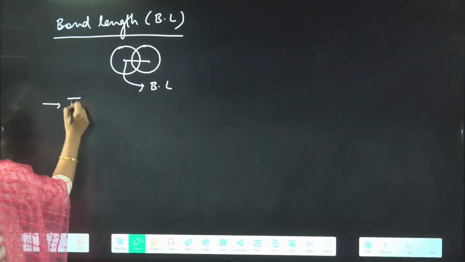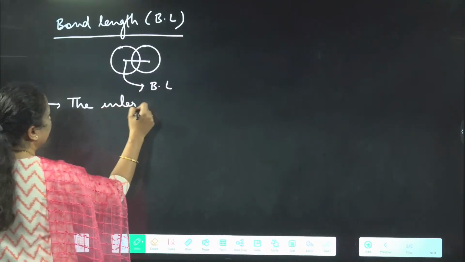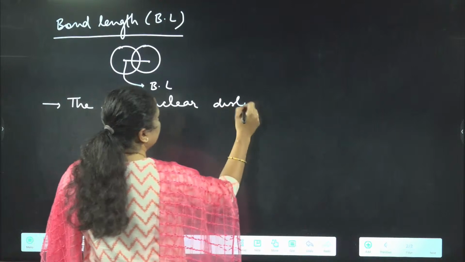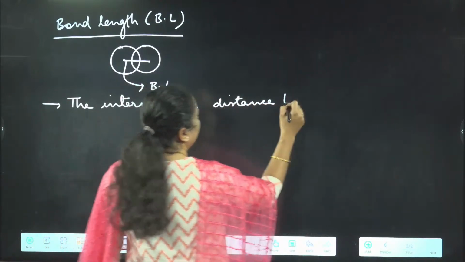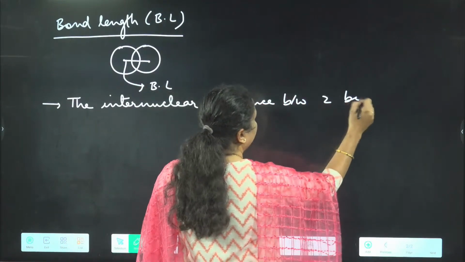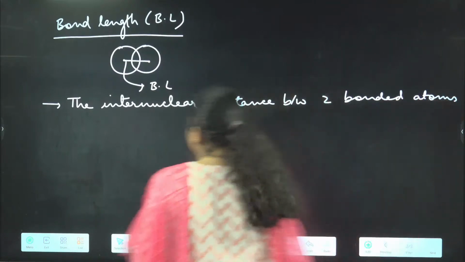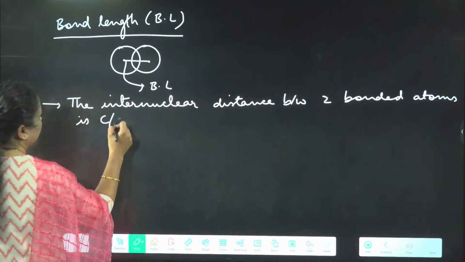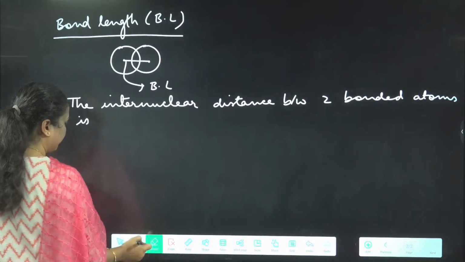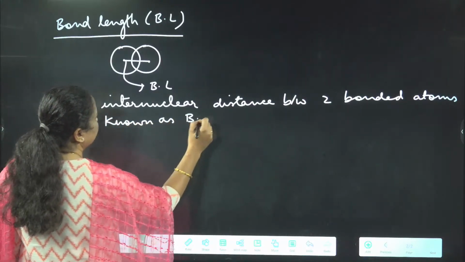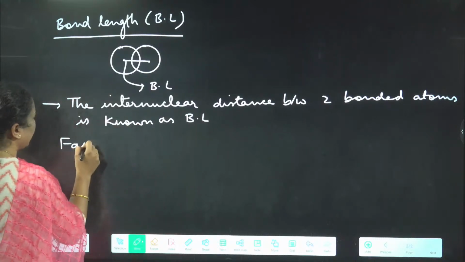So we can write down: the internuclear distance between two bonded atoms is known as bond length, right?